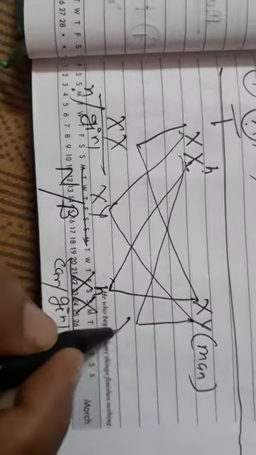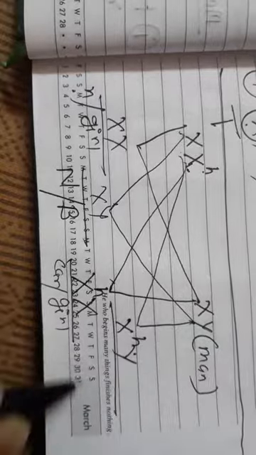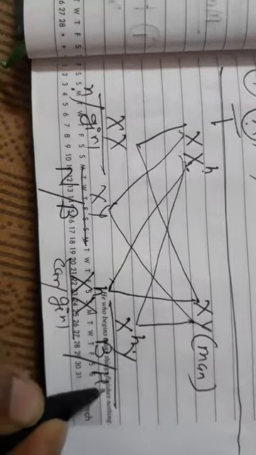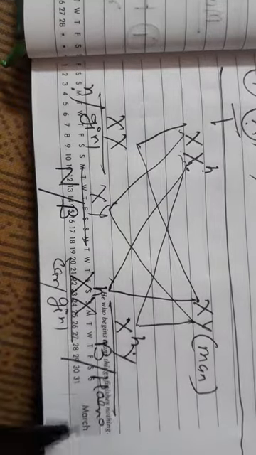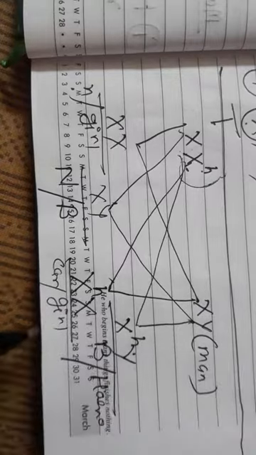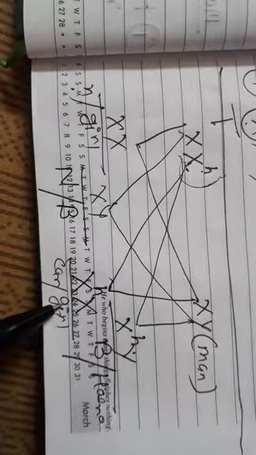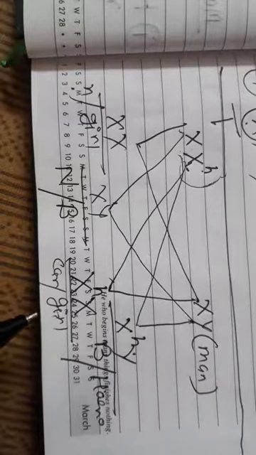Now if this X and Y meet, then XH and Y is there. That means this is a boy, and this boy is a hemophilic boy because this X is the affected one. So that's why from normal parents there is a child who is affected, and a girl who is the carrier for this particular disease.